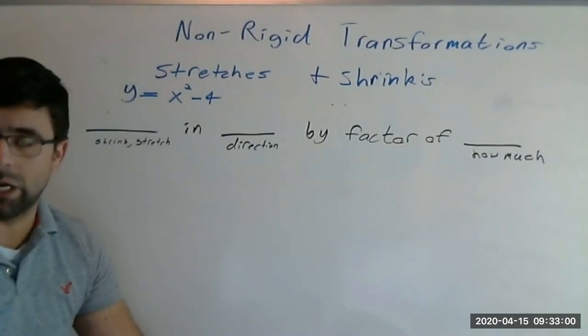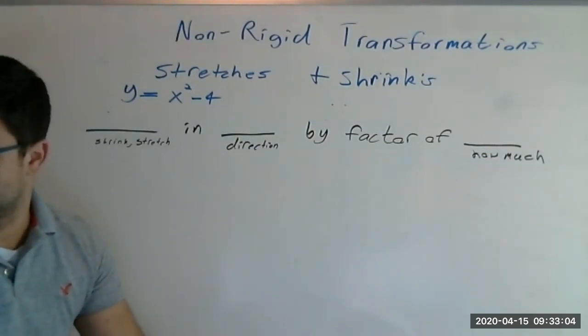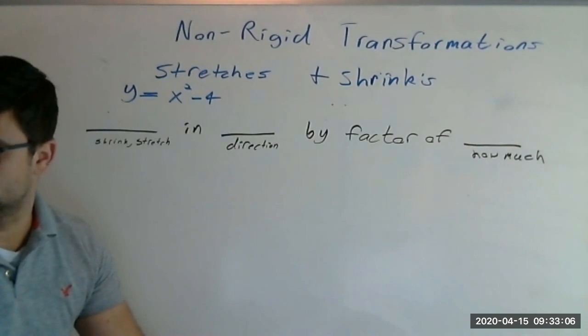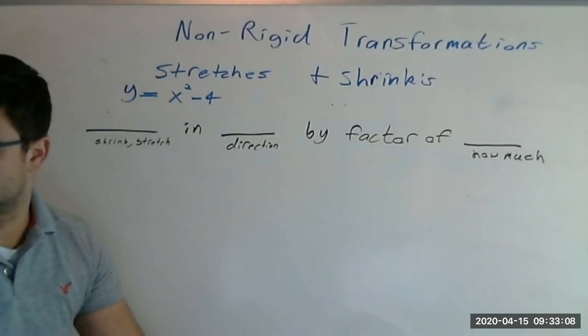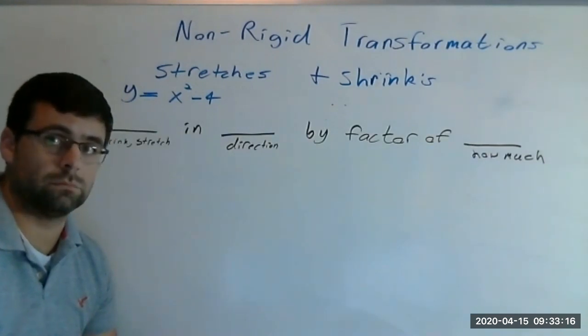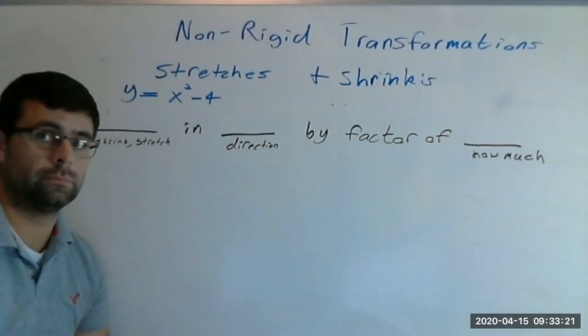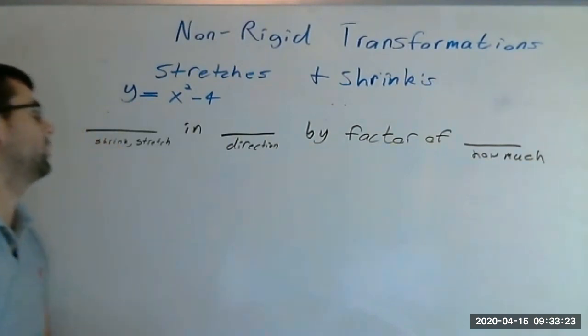You've got 2 options and neither one of them are wrong. Just say one. What you mean, like for the first line, you're saying it could either shrink or stretch? Yeah. Which one do we want to do? Stretch. Okay.